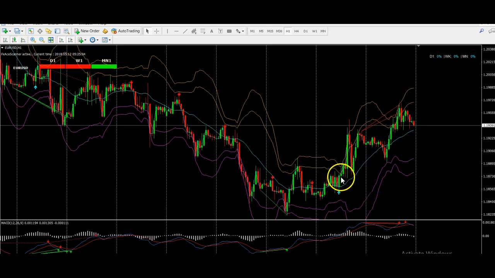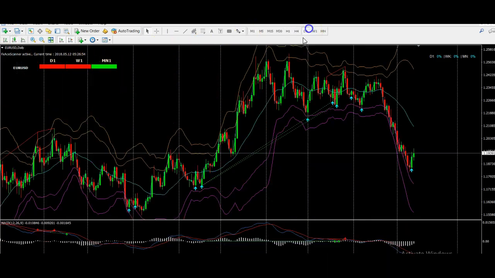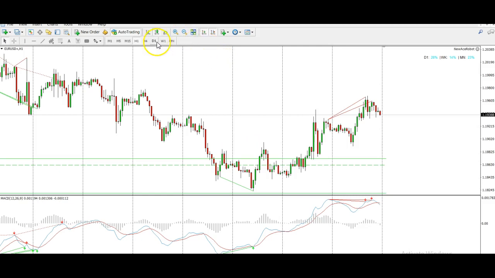So if it doesn't get a signal, it won't enter the market. It won't take these sell signals, it only takes these buy signals. For the longer term, you can see we've just got a trade day signal on Thursday on the daily.